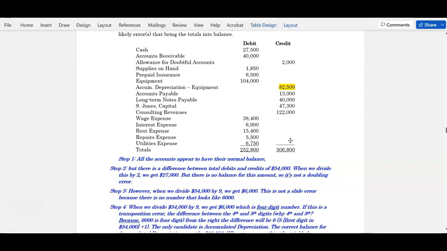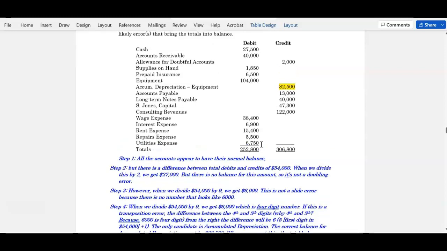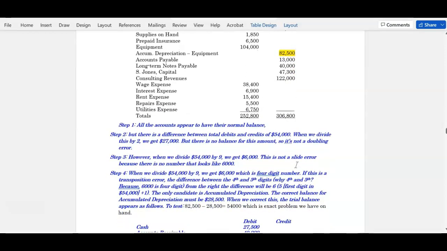Or 600? Or 60,000? No. Okay, so it's not a slide error. You don't see anything that looks like 6,000. So we move on. Now we go to step 4.